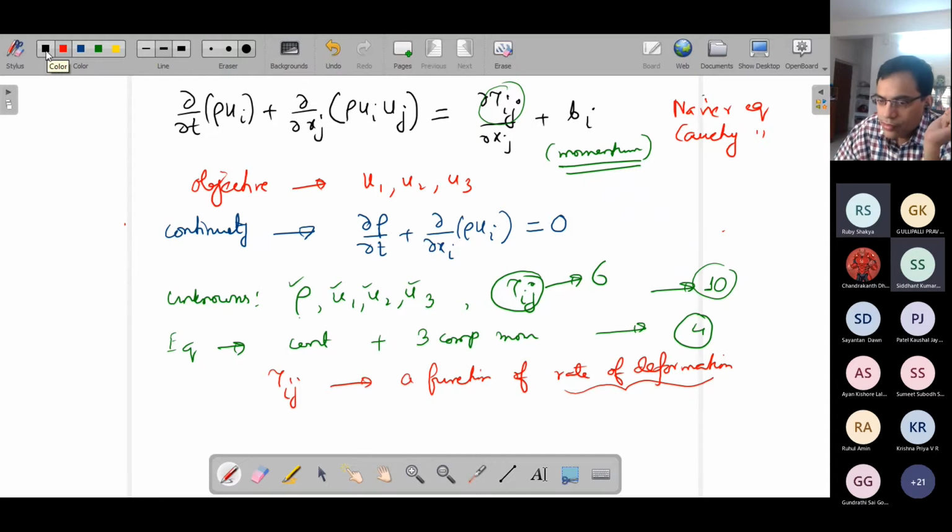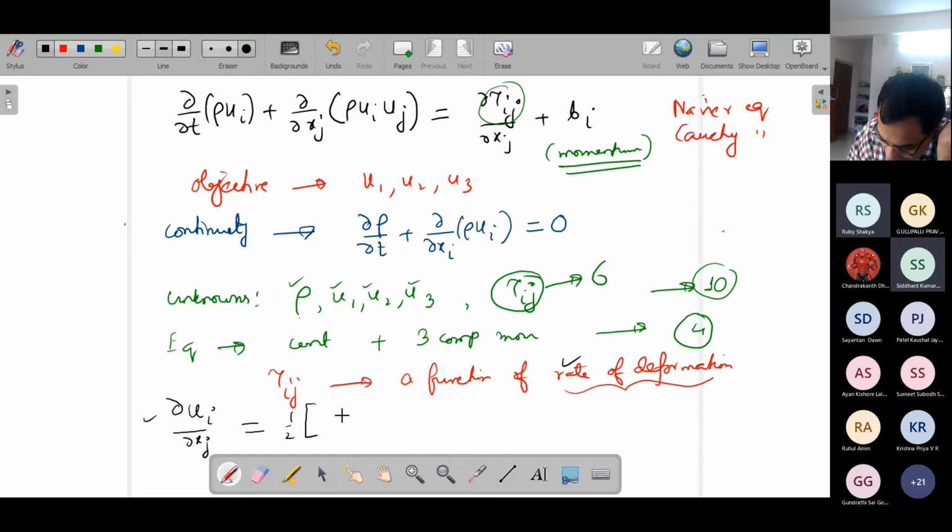So now, let us write the rate of deformation tensor. In the most generic form, the rate of deformation is related to some spatial partial derivatives of velocity.